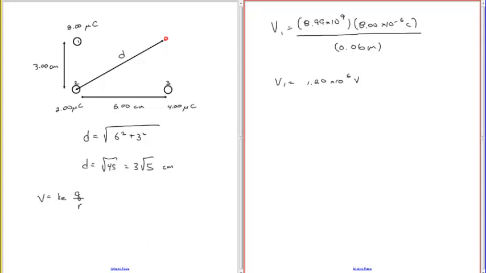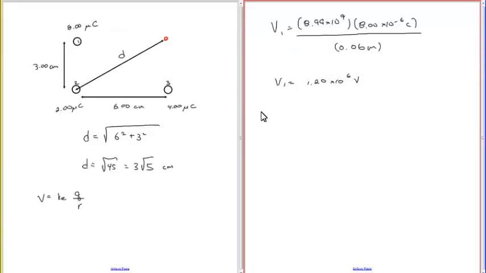I'm just going to stop the recording for just a second. Okay, I just wanted to make sure I was going on the right path, which I am. So we do the voltage associated with charge number 2. That's going to be 8.99 times 10 to the 9th, and our charge is 2.00 times 10 to the minus 6 coulombs.